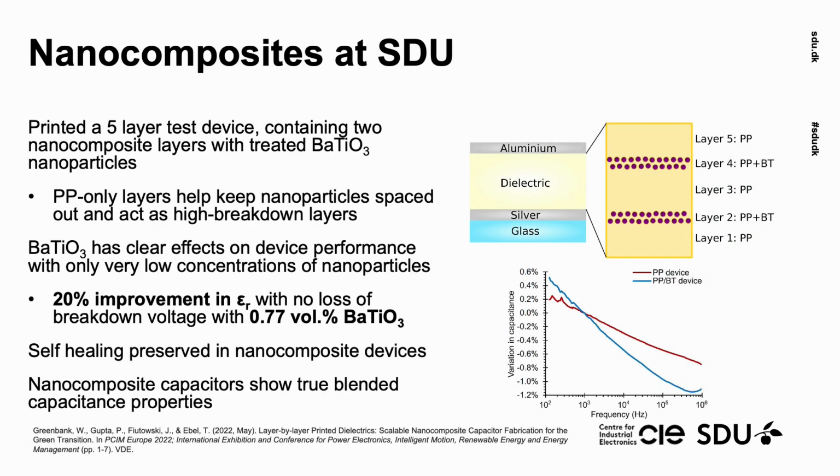We could demonstrate that with an addition of only 0.7 volume percent of barium titanate, we could increase the capacitance, especially the dielectric constant, of the capacitor by 20%. This gives us a possibility to dramatically improve the capacitance of, for example, high voltage capacitors and reduce the overall size of it significantly.